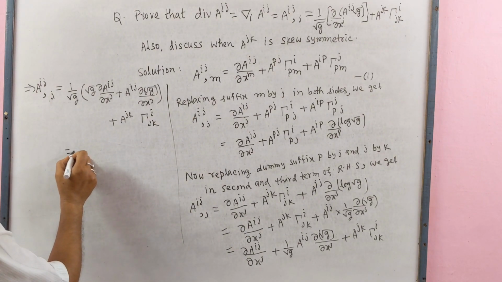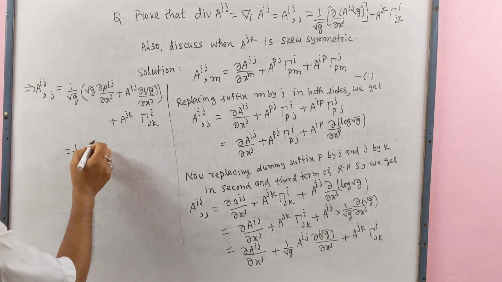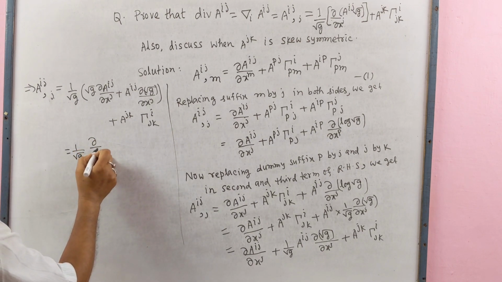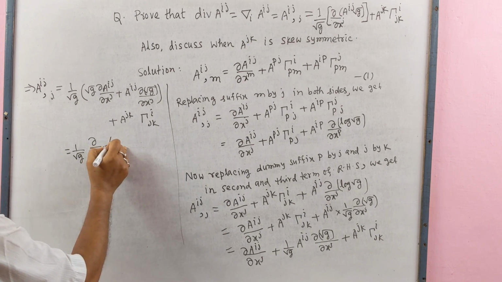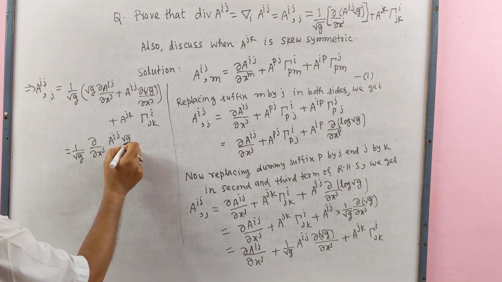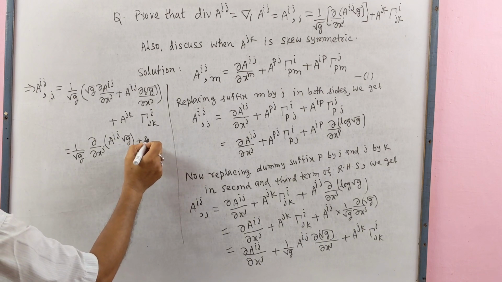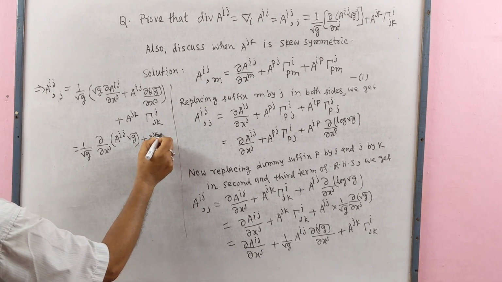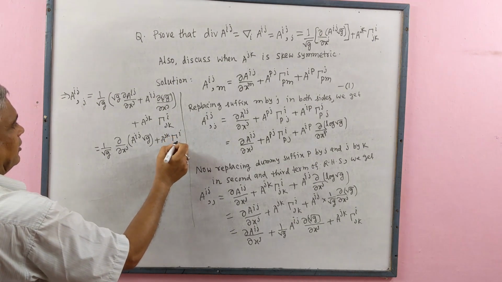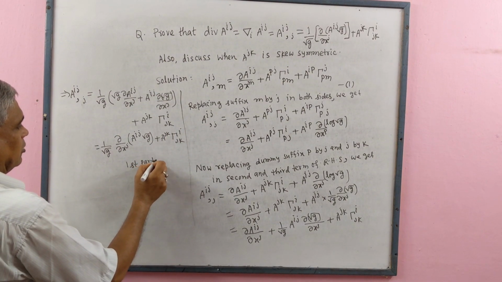This equals 1 by square root g del by del x^j of A^ij square root g plus A^jk, Christoffel symbol of the second kind. This is the first part, proved.